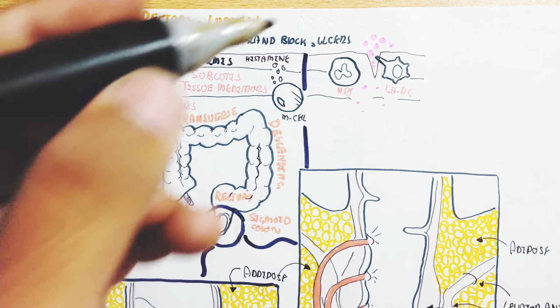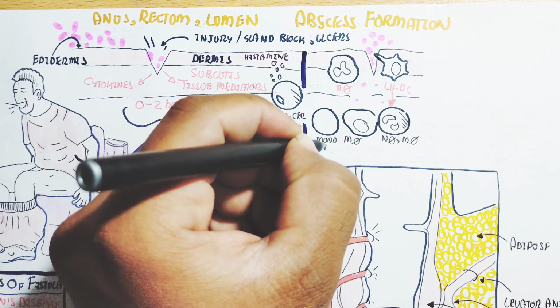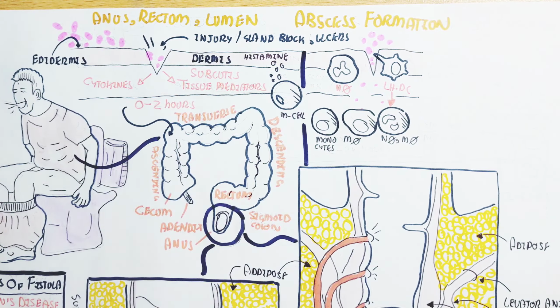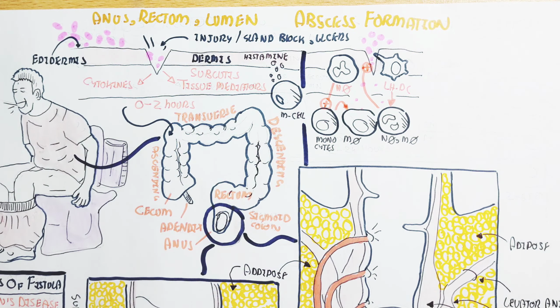On the other hand, the rupture of the skin will lead to production of cytokines, and subcutaneous tissue mediators are also produced within 0 to 2 hours. Langerhans dendritic cells will recognize the antigen to recruit neutrophils and macrophages. This will lead to necrotic cell death, and on the other hand, apoptosis will occur.